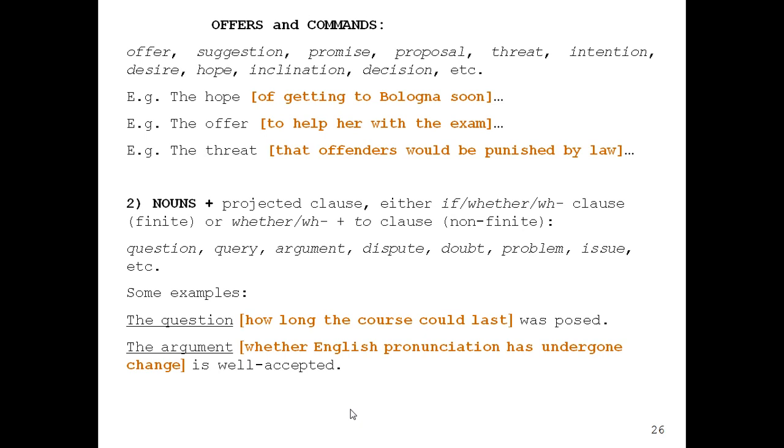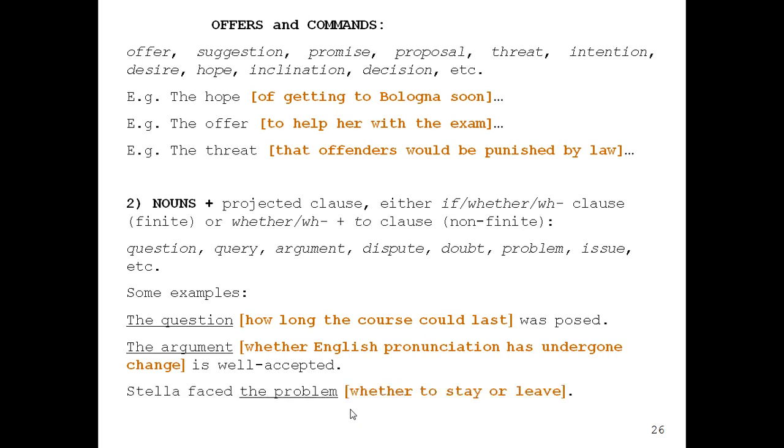This is very similar to what we saw in the previous slide. Be it that or be it whether or if, the propositional content, the clause content, is always one of saying, of stating something, and it is still embedded in the noun argument.